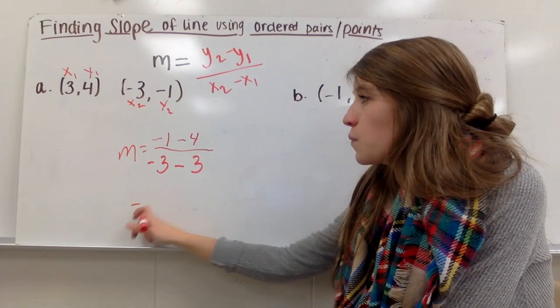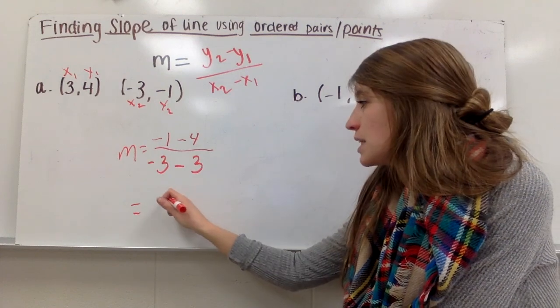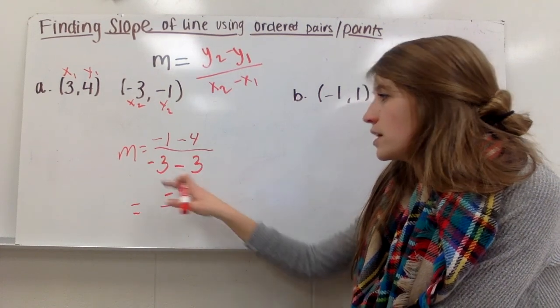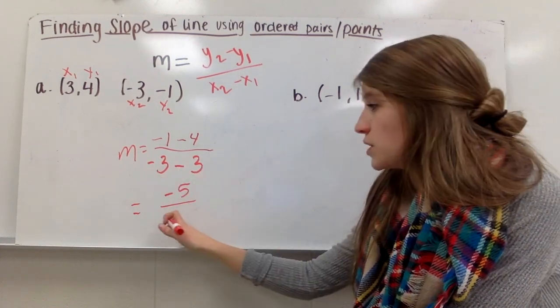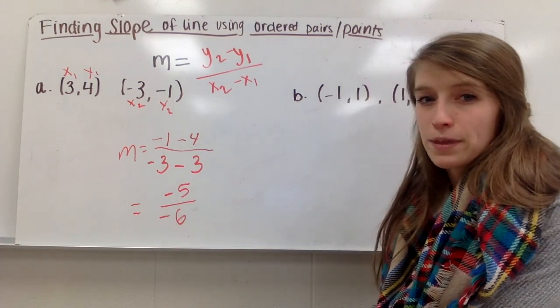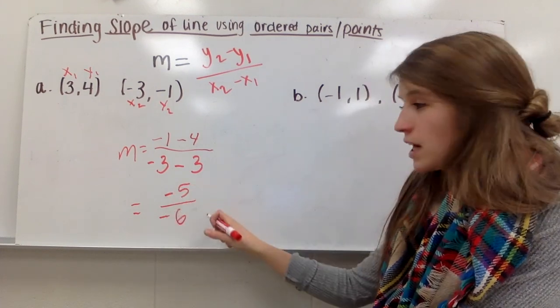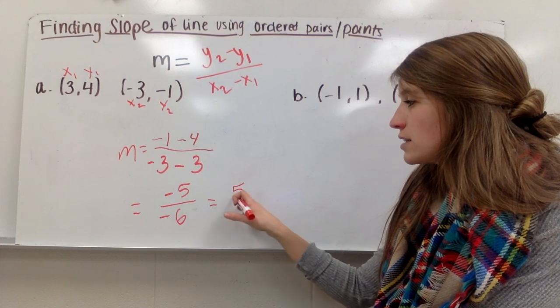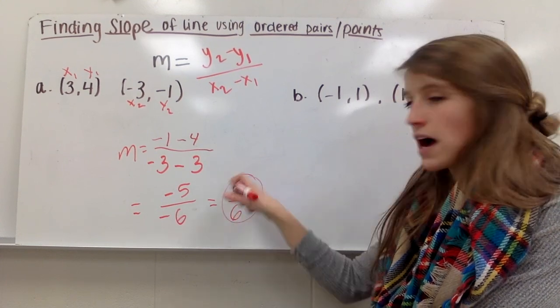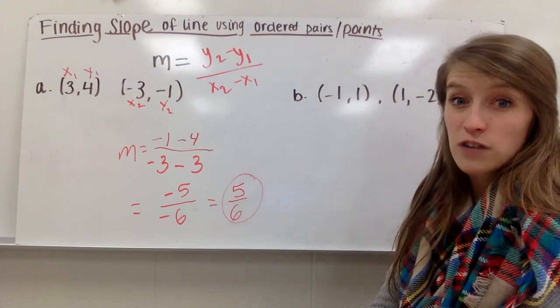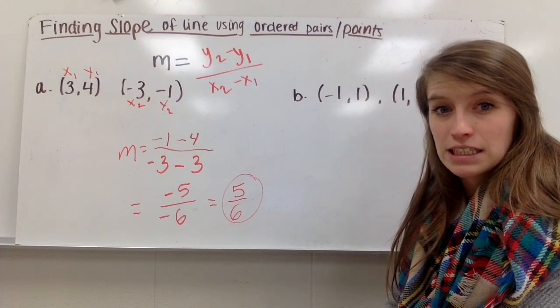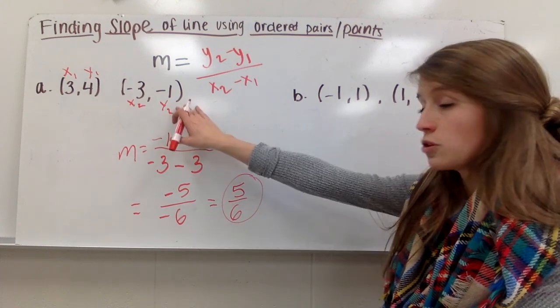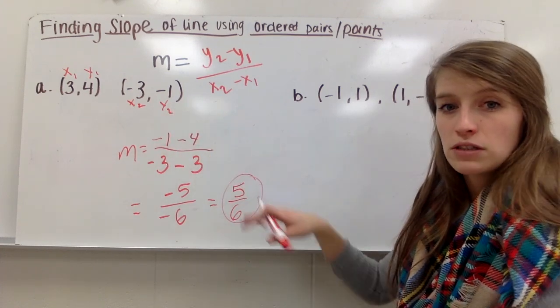So negative 1 minus 4 gets me negative 5. Negative 3 minus 3 gets me negative 6. A negative divided by a negative is a positive, so I can simplify this slope to be 5 over 6. Please leave it as a fraction, and that's as simple as it gets. So our slope between these 2 points we found using our formula was 5 over 6.